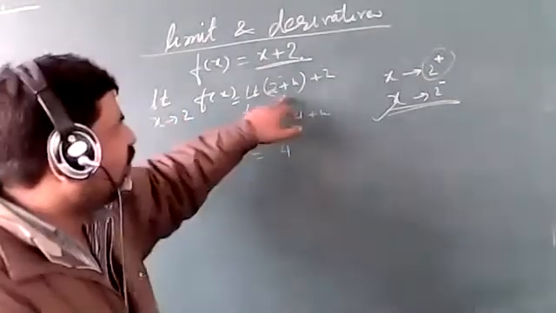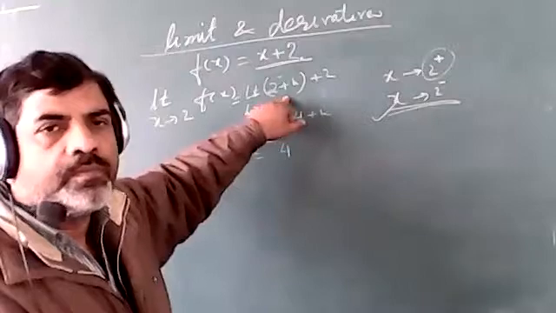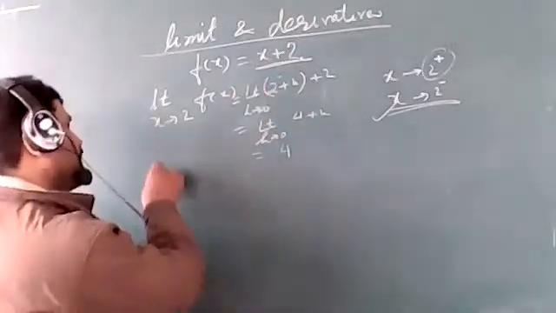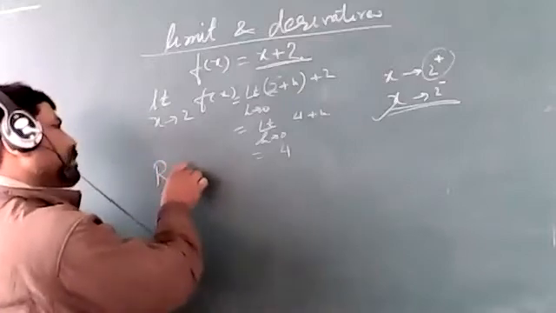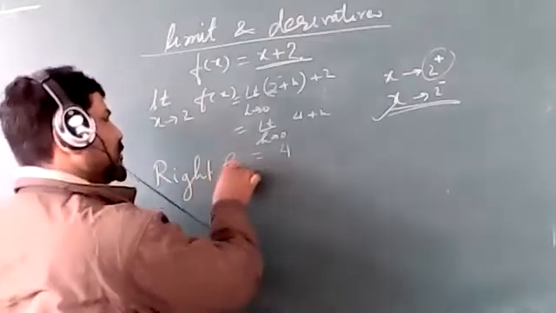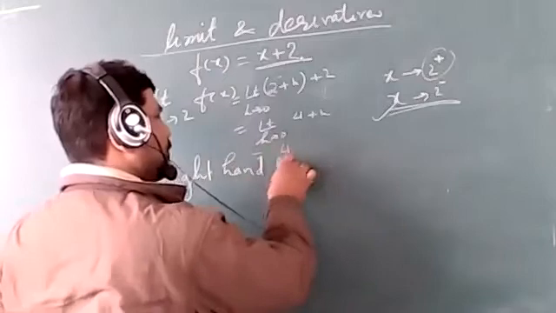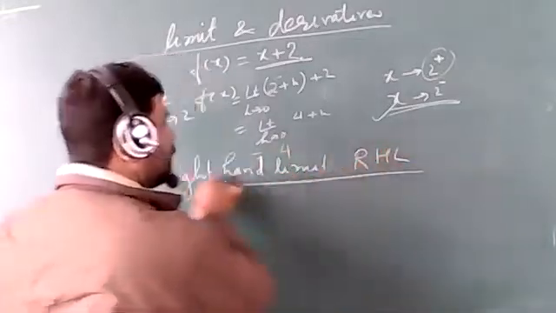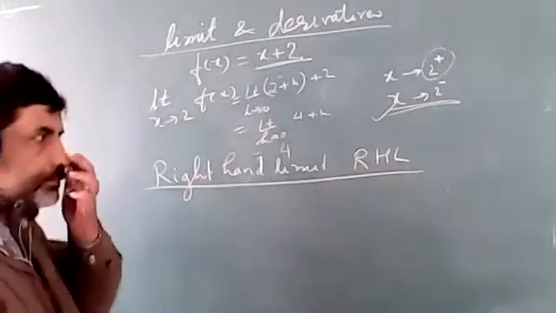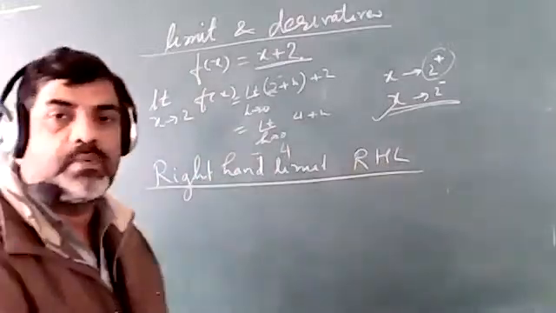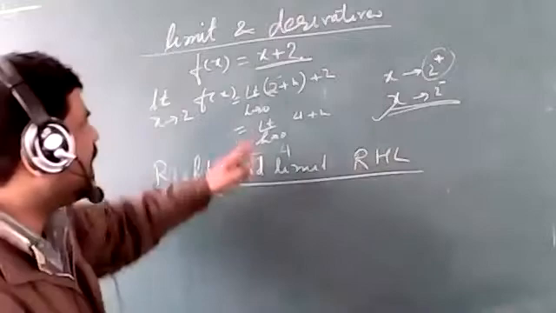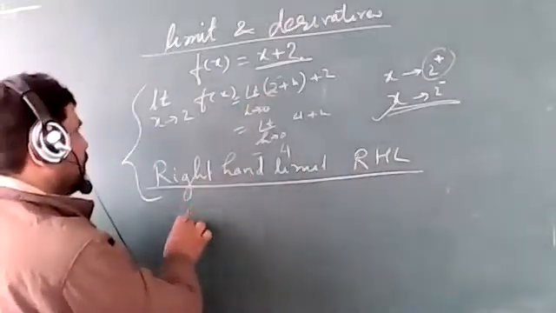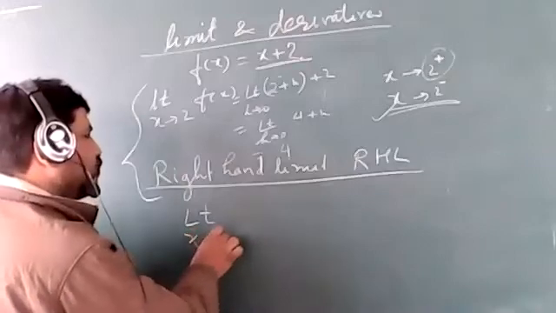So if we are taking the value slightly more than 2, then it is called the right hand limit. Means there are two limits. Right hand limit is written as RHL. Similarly, if it is approaching from left, if you take the value slightly less than 2, limit x tending to 2 minus.